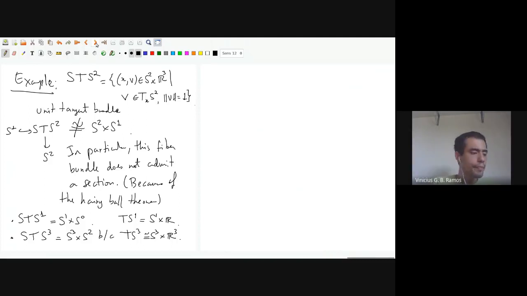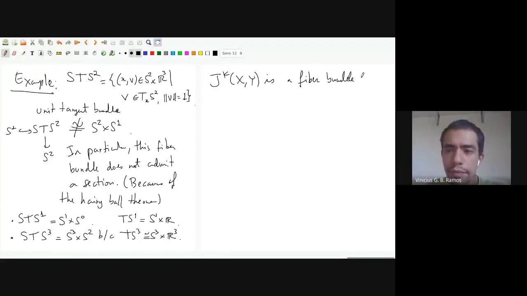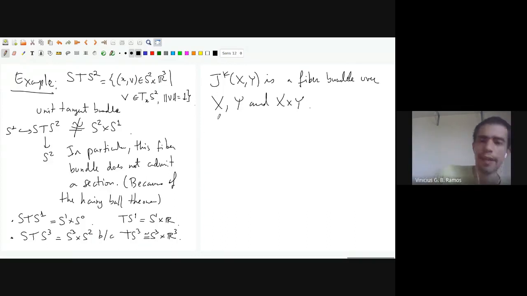But the point is that J^K(X,Y) is now a fiber bundle over X, over Y, and over X times Y. And of course the maps are the source map, the target map, and the product of the two.